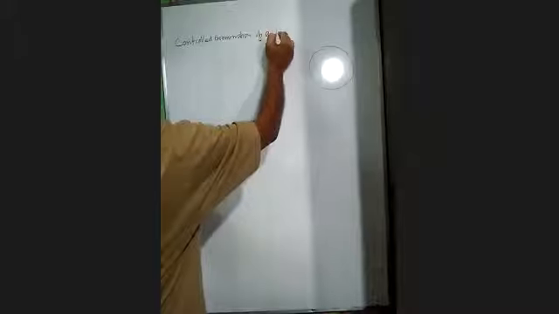So please excuse me. Controlled bromination of aniline or aromatic amines. See here. When we take aniline, and if you do the bromination, then bromine comes here, here, and here, so we get 2,4,6-tribromoaniline.